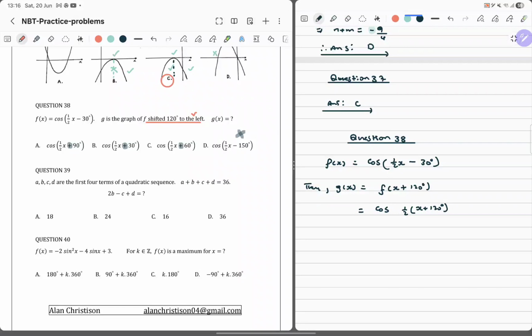Those transformations can hurt if not done properly. Okay, so this is what we have. So this is cos. Maybe let's just break the big bracket. So this is going to be half of x. Half of 120 is 60 degrees minus 30 degrees. So this is cos of half of x plus 30 degrees. So the answer is B.